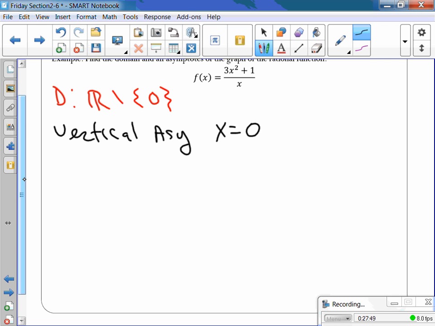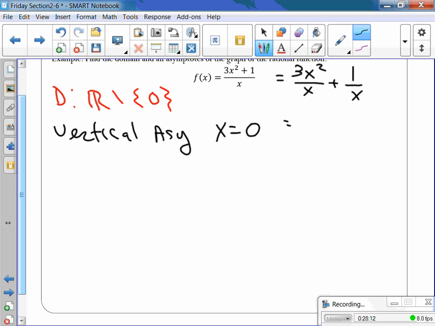This one doesn't even require synthetic or long division. Here you just look at this. Isn't that what we have here? When it's something that basic.